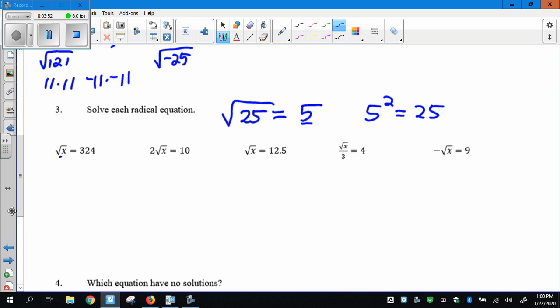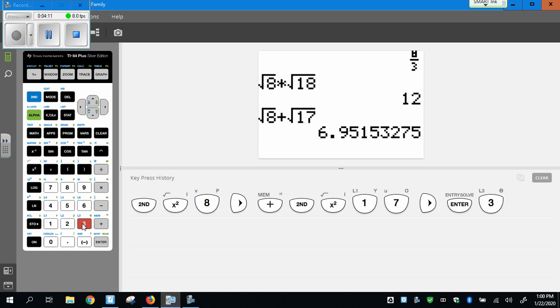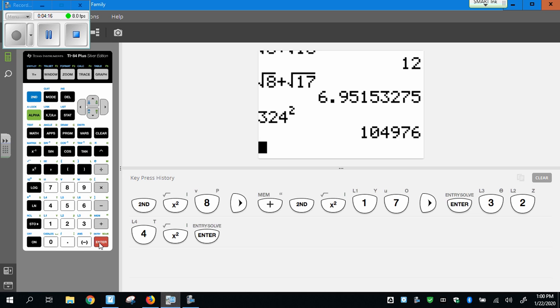So in this first problem here, to get x, I'm wondering square root of what number equals 324. To work backwards on that, to figure out what x is, I have to do 324 squared, which is going to be a pretty big number. 324 squared equals 104,976.